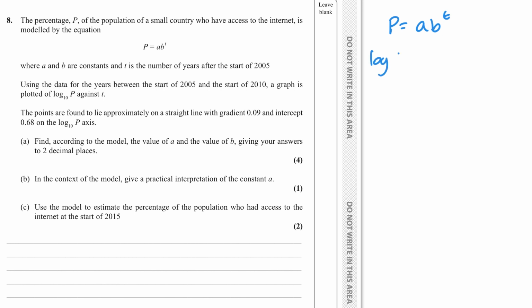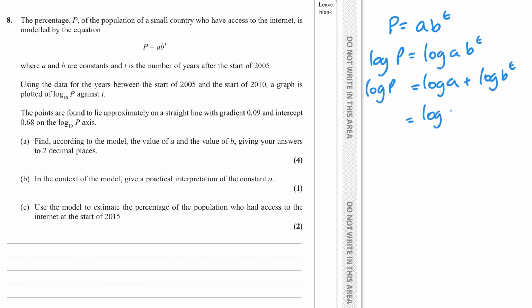Take a log to the base 10 of both sides. Bring the t down. And there we essentially have it.